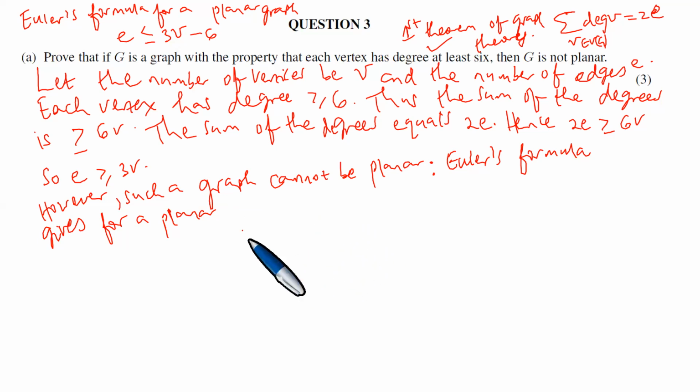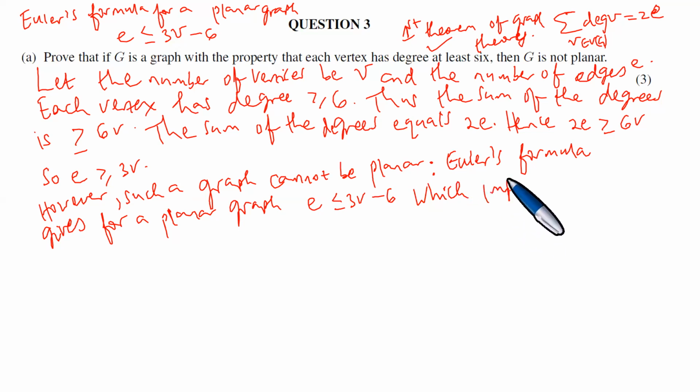Euler's formula for a planar graph says the number of the edges is equal to 3 times the number of the vertices minus 6, which implies that E is strictly less than 3V.